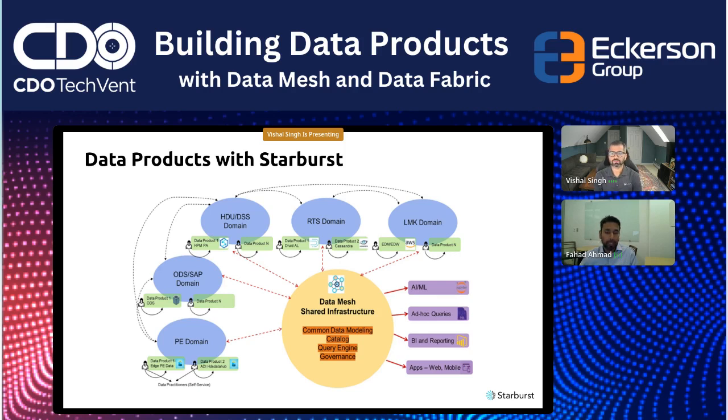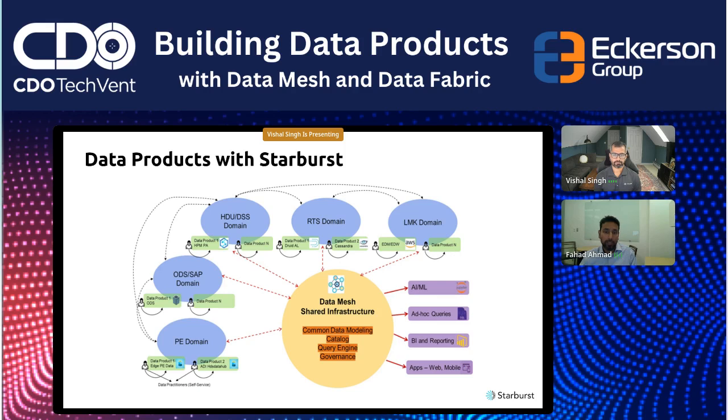Data mesh provides this abstraction or logical layer where, as a consumer of the data, you don't have to worry about where the data is coming from. When the producer creates the data product, it becomes a contract: I'm surfacing something that might be useful to you, all the guarantees that I give will always be honored, and you can just consume it.